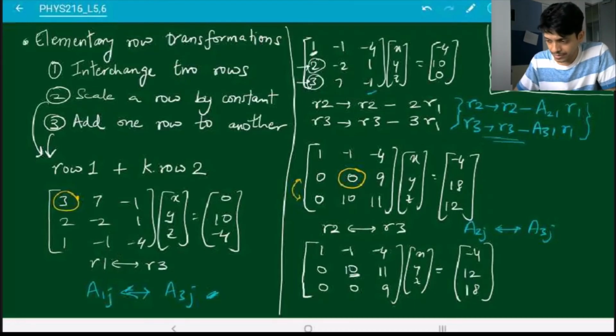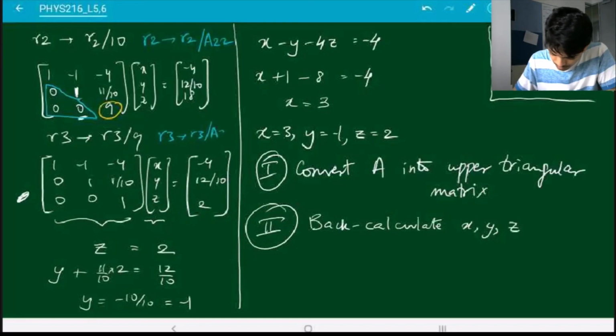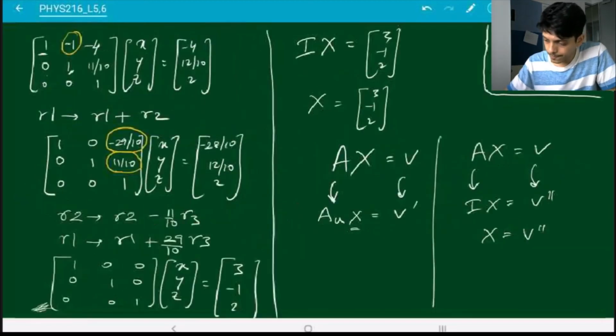It's not the original A that we started with. Similarly over here, R3 goes to R3 divided by A33, and so on.